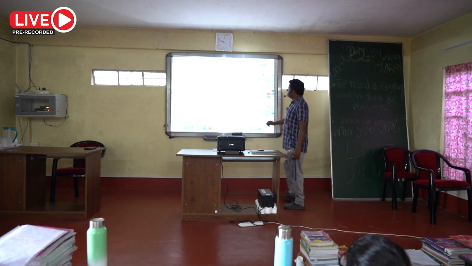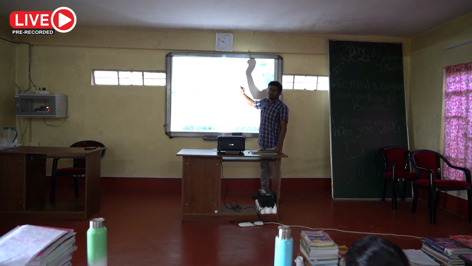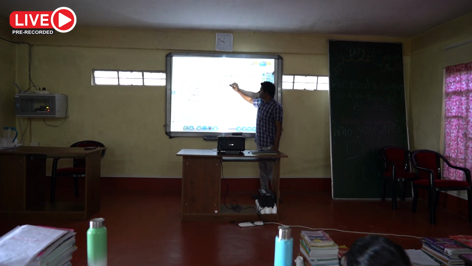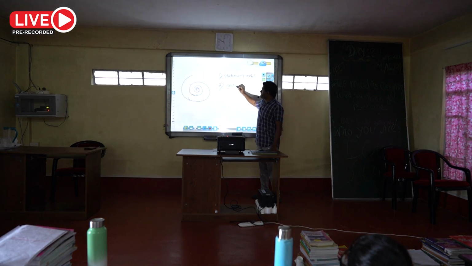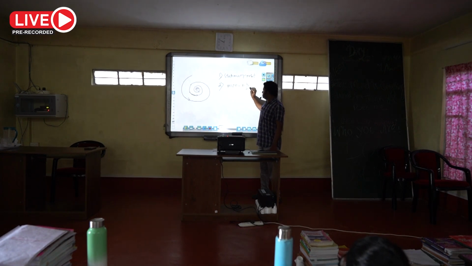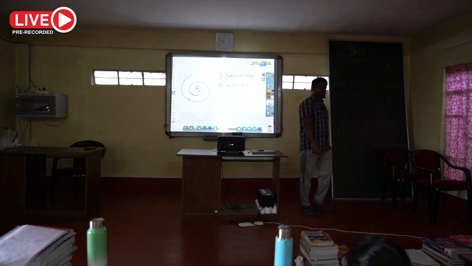It says that only those orbits are stationary in which, while revolving, the angular momentum of the electron, mvr, will be equal to n times h by 2 pi, meaning an integer multiple of h by 2 pi.